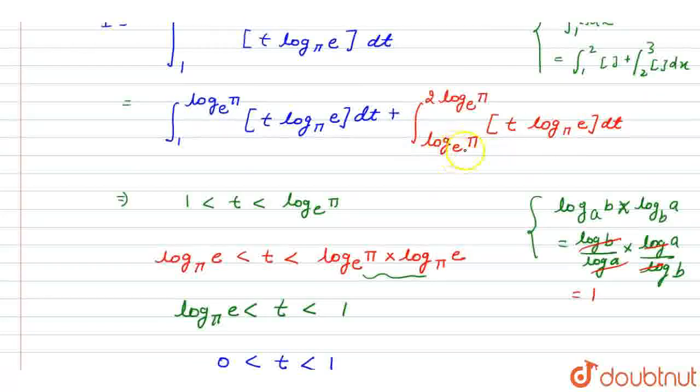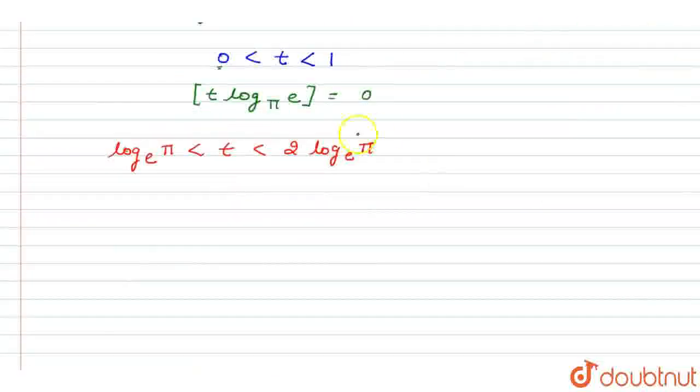So the limit is from log base e of pi to 2 log base e of pi. Now we have to solve this value. Here we can write first this value as t. We know that we have to find the value of the greatest integer of t log base pi of e.